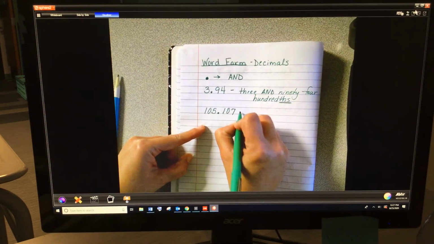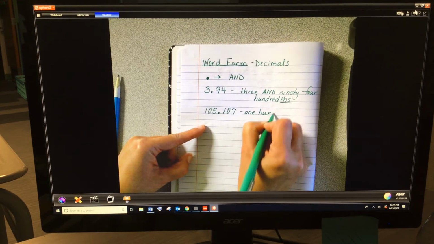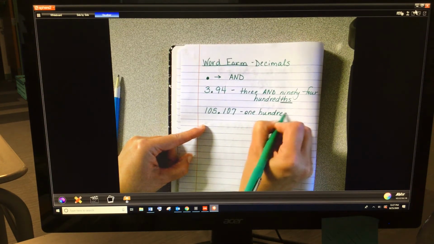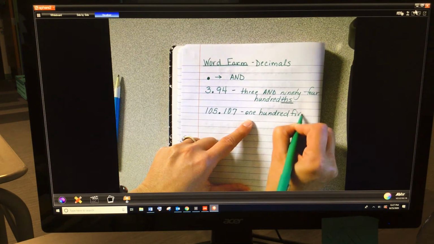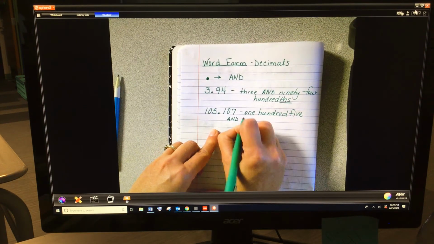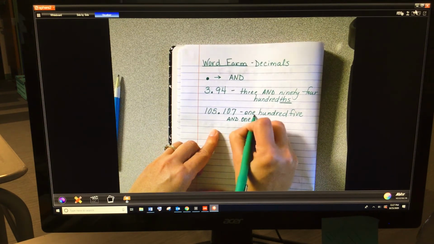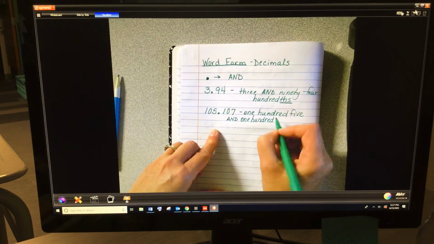So let's write that correctly. 105, notice it doesn't have "ths" on it because it's a whole number. 105 and 107, notice it says 107. 107 what?